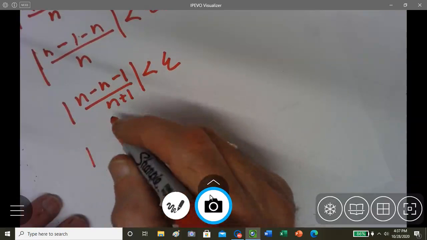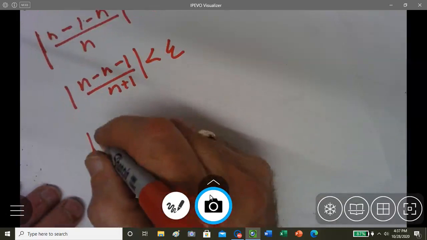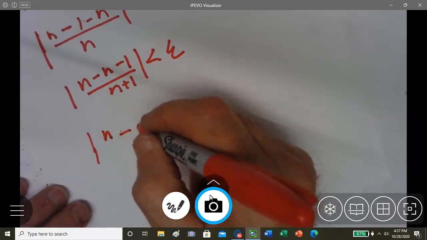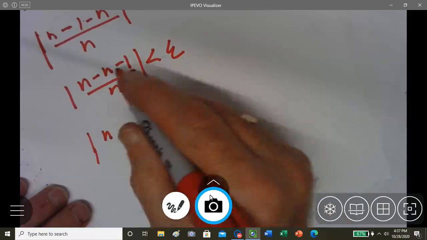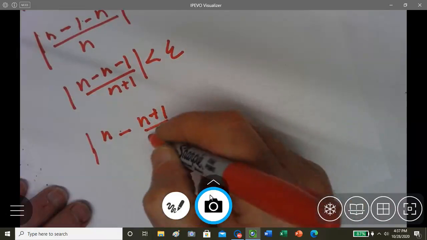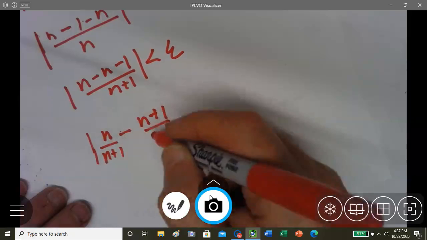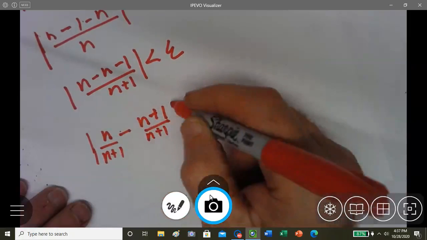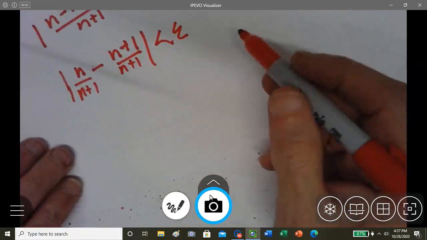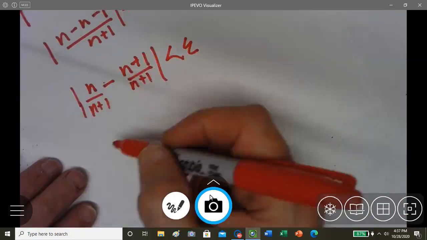So now we can split it. And now we have n minus n, and so now we're factoring out the 1, so that becomes n plus 1 over n plus 1 minus 1 over n plus 1, which is less than epsilon. And so now n plus 1 over n plus 1, that's just 1.